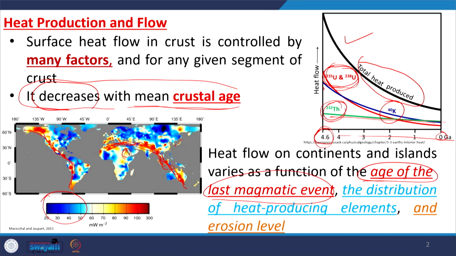So these three principal elements, their distribution and concentration, indicate how much heat we can feel on the surface of the earth as heat flow.